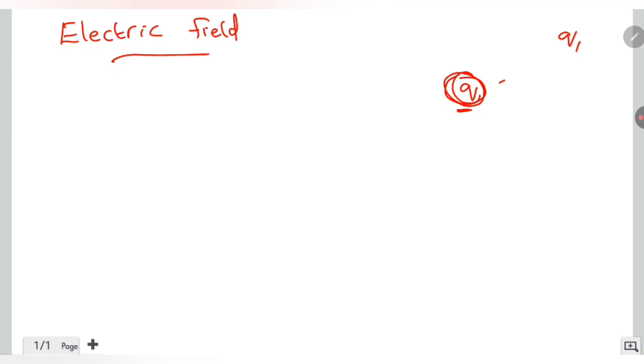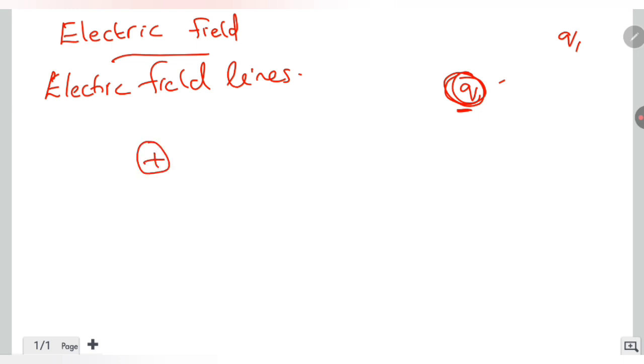So how do you represent electric field? You can represent it by electric field lines. They normally ask you to draw the electric field lines for a point charge. Point charge means just a positive charge or a negative charge.